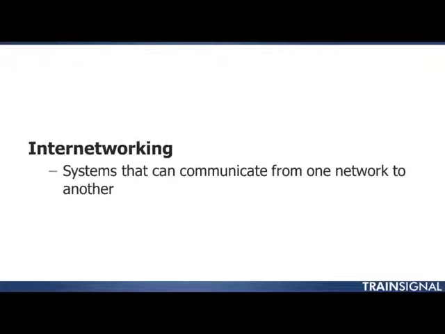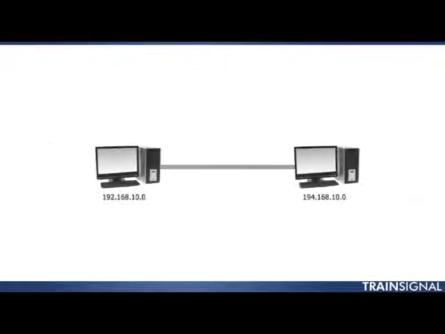Now, the next thing I want to talk to you about is something called internetworking. I don't want you to be confused, because it sounds very similar to internet, right? Internetworking is a generic term, whereas an internet is a proper term. Internetworking is the idea of having systems that can communicate from one network to another.